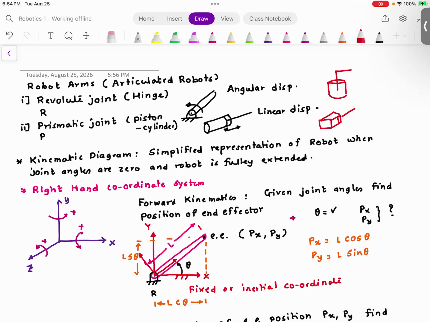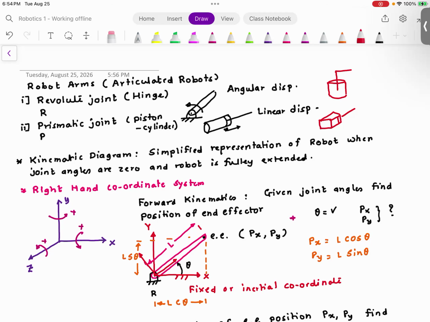That's the important part: solving forward and inverse kinematics. What is forward kinematics? Forward kinematics is, given the geometry of the robot and given the joint angles, find out the position of the end effector.